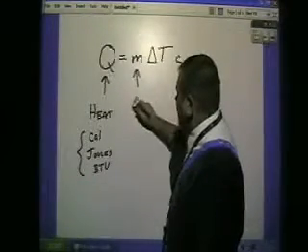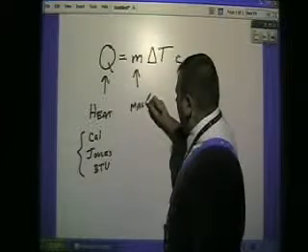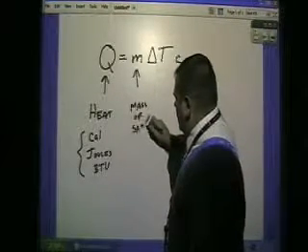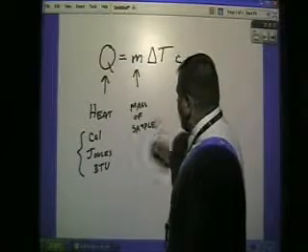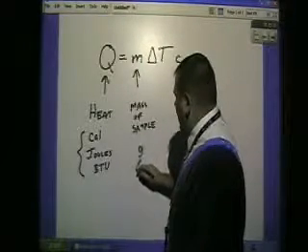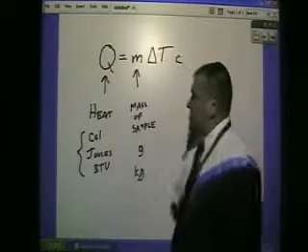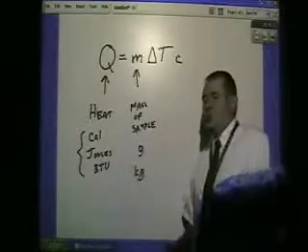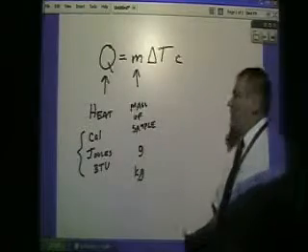M is mass of sample, the amount of stuff you have. Now, once again, this can be in grams, it can be in kilograms. It depends on what reference you look up, which one you're going to want to use. Okay?